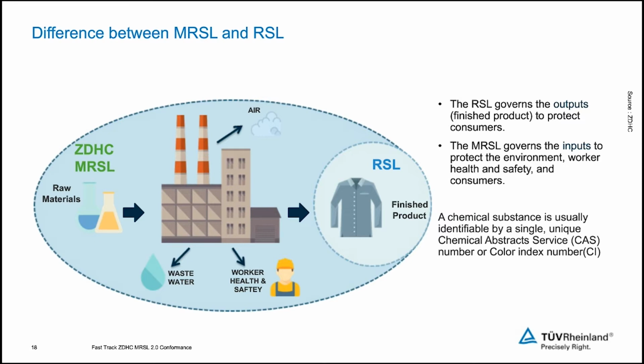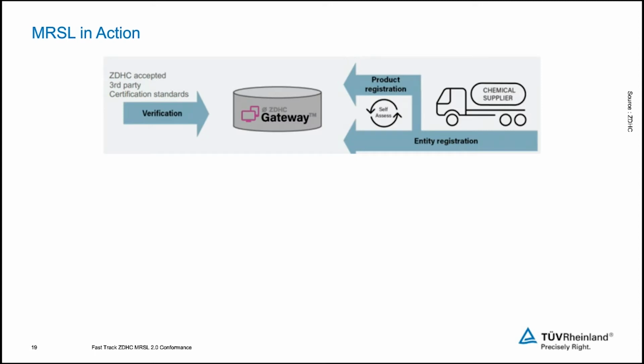In my previous slides, we focused on the MRSL updates and the differences and similarities of MRSL and RSL. So now I think it's necessary to also look at the ZDHC Gateway. In the ZDHC Gateway, we have two main modules: one is the wastewater and the other one is the chemical module. Concerning the MRSL, obviously we have to look at the chemical module.